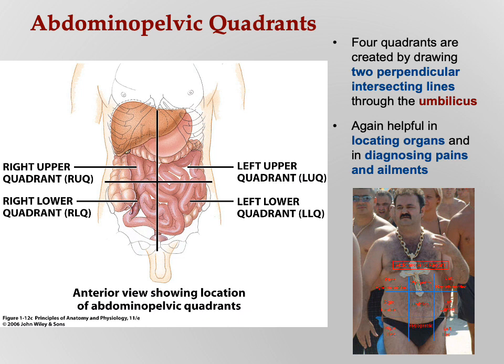What do you suppose they might suspect if you had severe pain in your right lower quadrant? Yeah, appendicitis. What about pain in your right upper quadrant? Maybe gallstones, okay? Just a simple way of categorizing. It's not hard. You should know these.